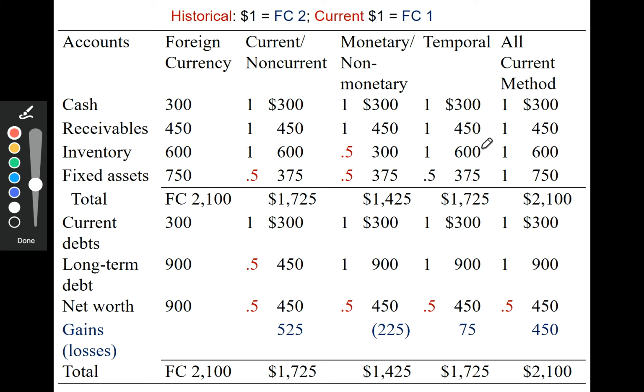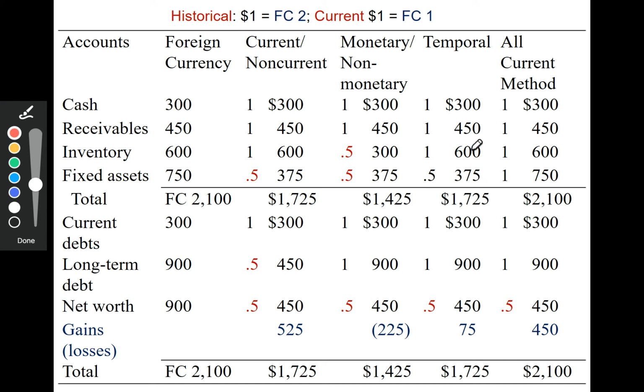So we are allowed to translate inventory at the current exchange rate, which is parity or 1 to 1. We put a 1 here. The other numbers are the same as we had them on monetary and non-monetary. So we multiply 1 by 300 and get 300, 1 by 450 and get 450, 1, not half, by 600 and we get 600, half by 750, we get 375.